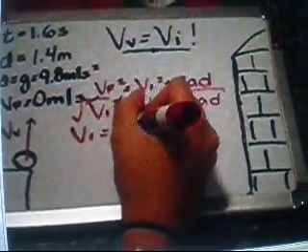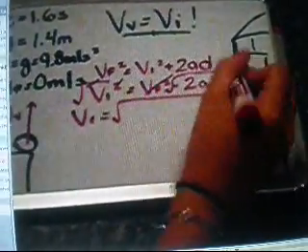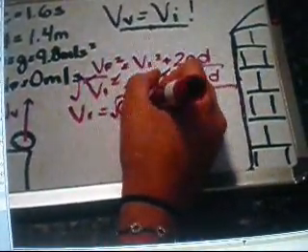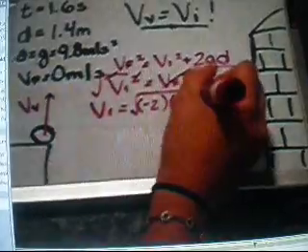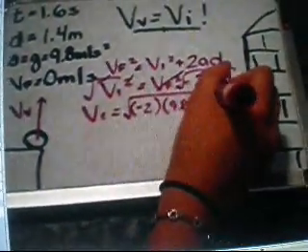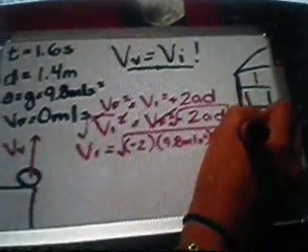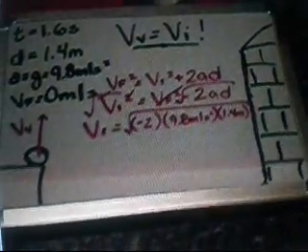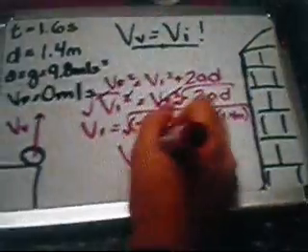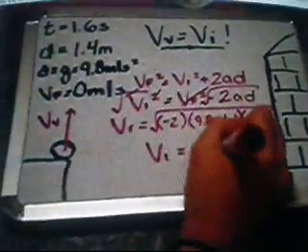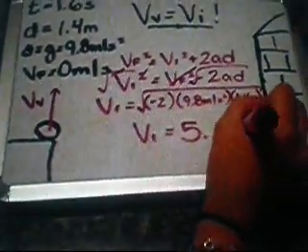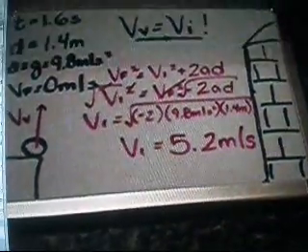VI then would equal the square root of -2 times acceleration, which is gravity, 9.8 meters per second squared, times the distance, which is 1.4 meters. VI then would equal 5.2 meters per second.